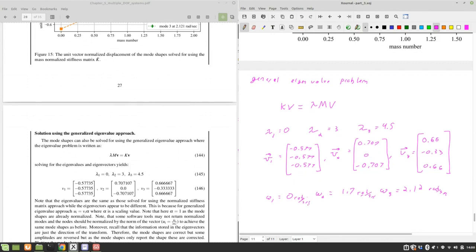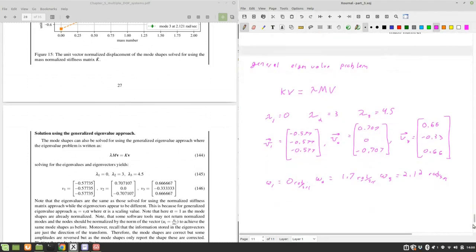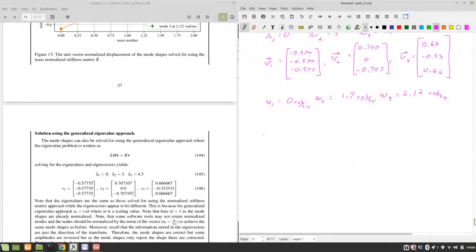All right. What about our mode shapes? U vector 1. What's our first mode shape? How do we get it? We don't have to, right? Well, I shouldn't say that.